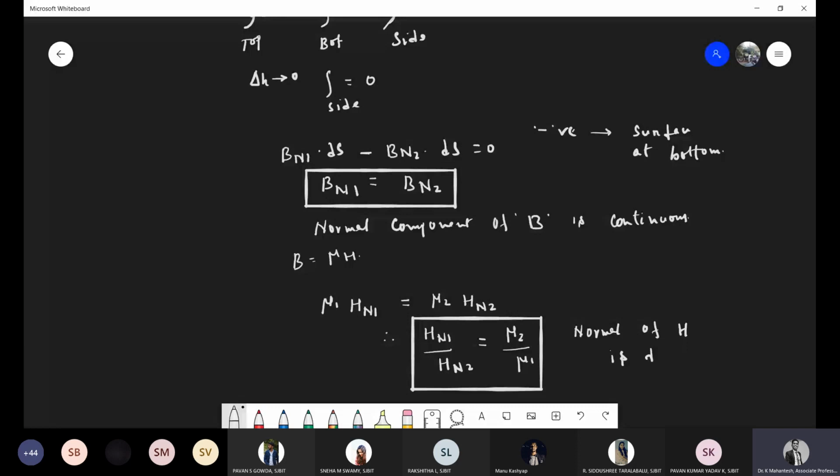Okay. So it is quite opposite to the tangential components, isn't it? There, BT was discontinuous, whereas HT was continuous.